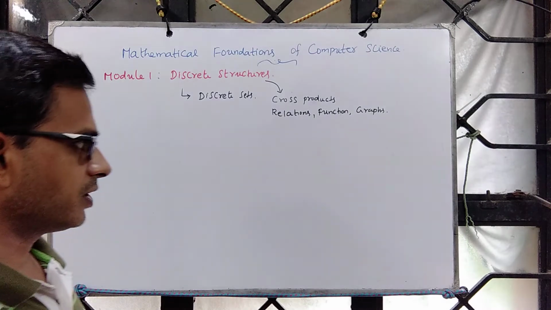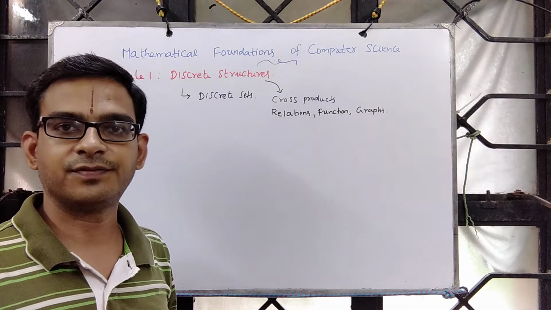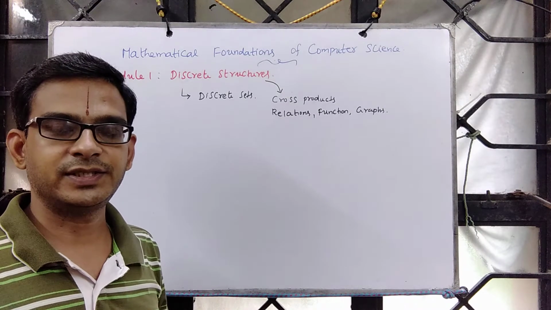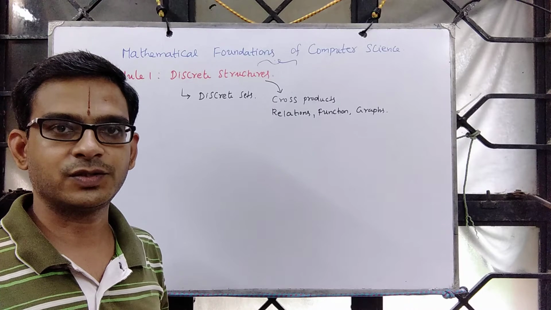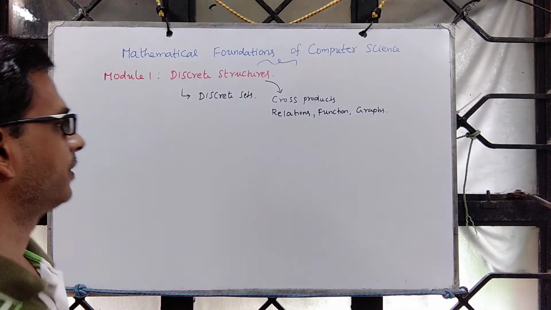Okay. One can also talk about relations, functions, graphs in the context of continuous sets, but as far as computer science is concerned, and in particular this course is concerned, the focus is on discrete sets. Okay.